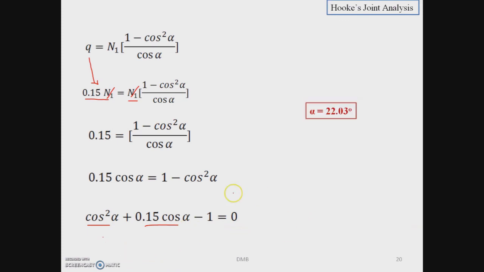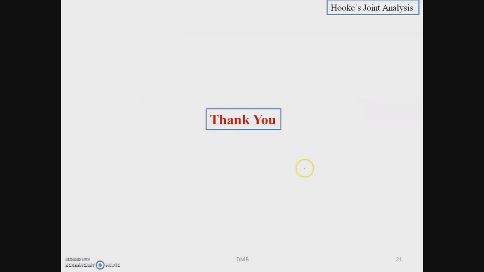By solving this quadratic equation, we get the value of cos alpha, and from cos alpha we can determine alpha, which equals 22.03 degrees. Thank you.